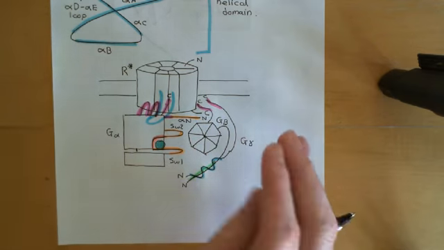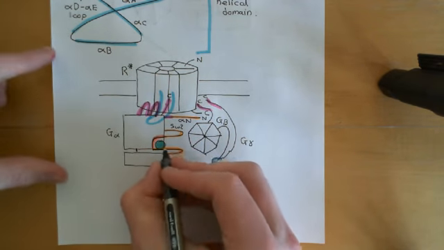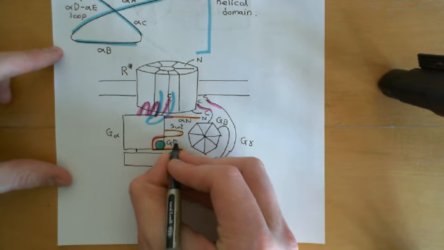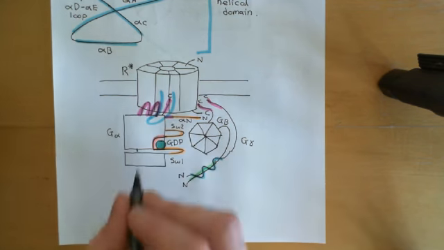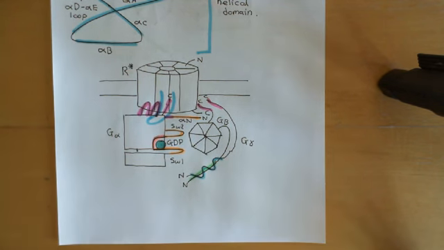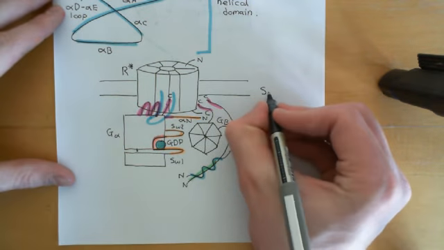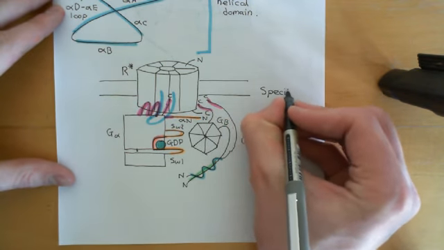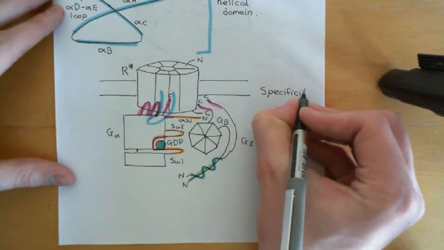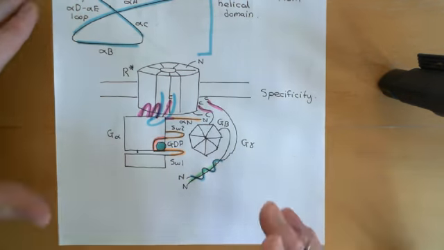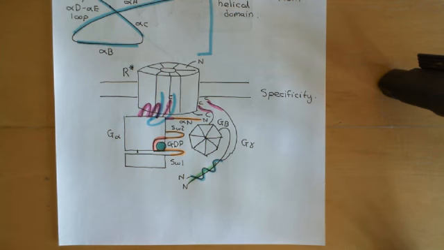So here is the heterotrimeric G protein still currently with guanosine diphosphate bound to it, binding to the activated G protein coupled receptor. Okay, so now a boring word but a very important topic that we need to discuss is the topic of specificity. What does this mean? This means that different G protein coupled receptors, when they are activated, bind to and activate different heterotrimeric G proteins.